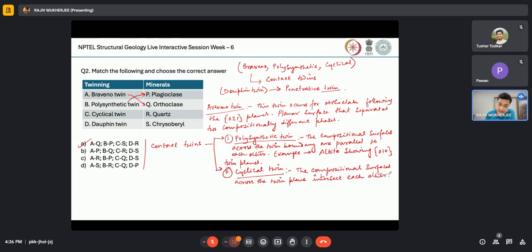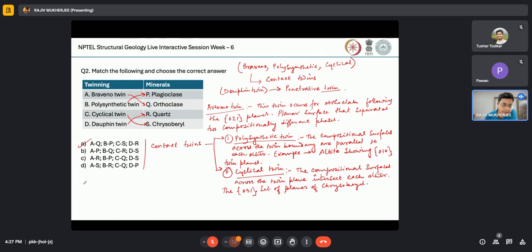And one such example is chrysoberyl. The 031 set of planes of chrysoberyl is such an example of cyclical twin. So C goes to S, and eventually the Dauphin twin goes for R.